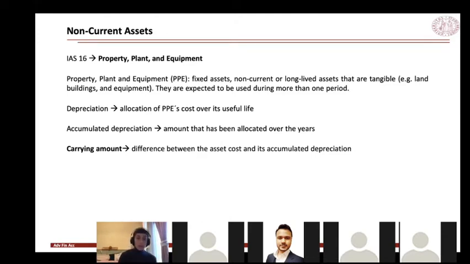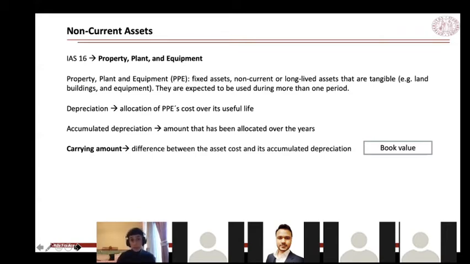The accumulated depreciation is the total amount that has been allocated over the years. And that gives you the carrying amount, which is also called the book value, which is the difference between the asset's original historical cost and its accumulated depreciation, which is the sum of all the depreciation expenses.